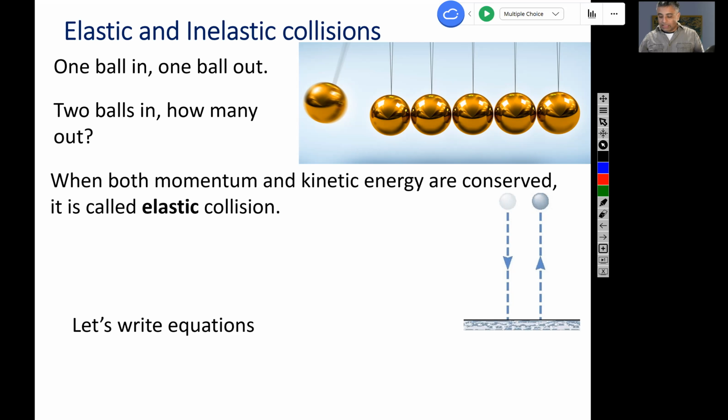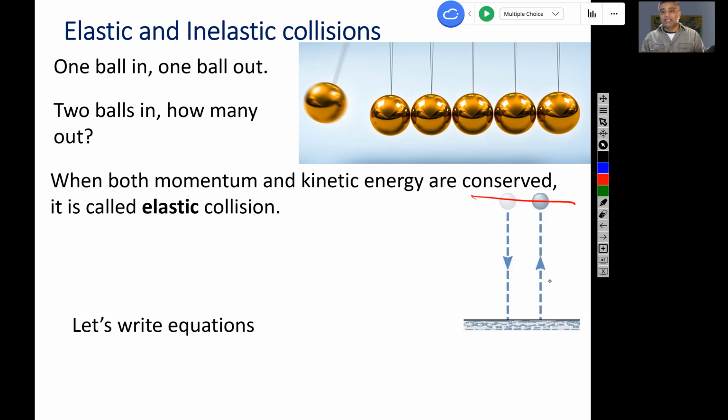So if you had some sort of magic ball and it was coming up something like this at the same level, that would mean it is an elastic collision, okay? Usually these kinds of collisions are inelastic, okay?